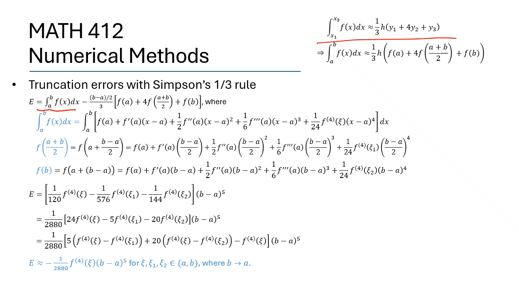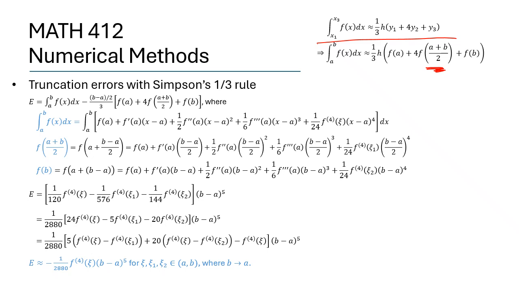So we will find f of x. This is what we want, the exact value. We use its Taylor series expansion to replace it. So f of x is the Taylor series expansion at a, the lower limit. We just use the first 5 terms, and this y2 is that.